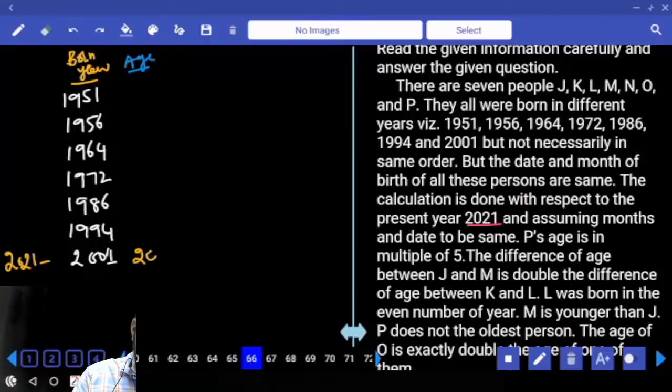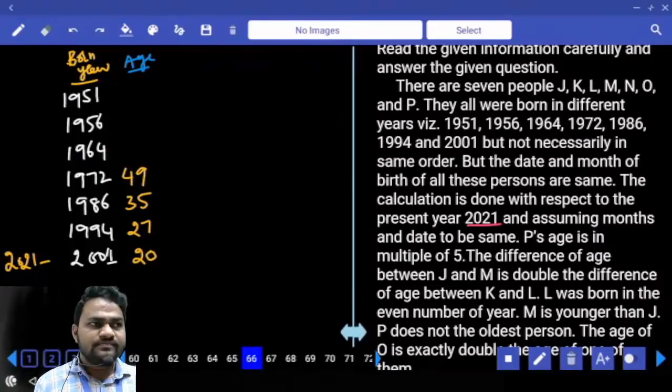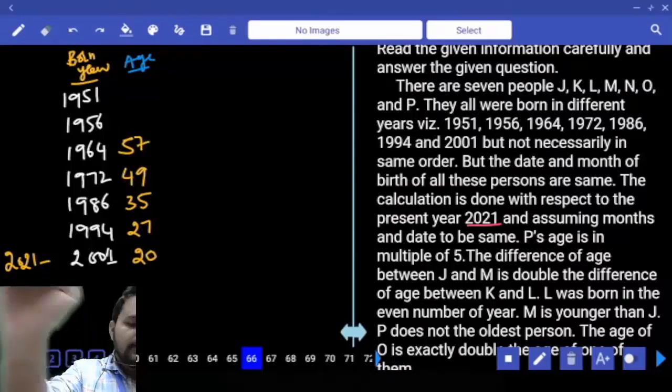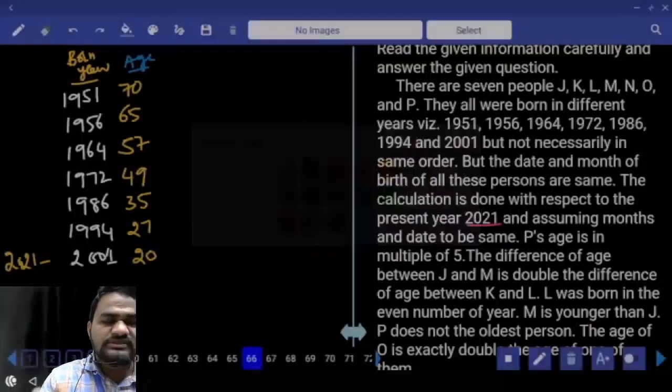So one of the person's age will be 20, and then we have a difference of 7 years. 20 plus 7 is 27, and then a difference of 8 years, 35, and then a difference of 14, 49, and then a difference of 8, 57, and then the difference is again 8, 65, and then the difference is 5, that is 70. These are the ages of all the persons.